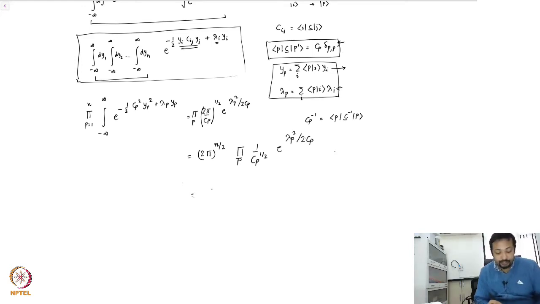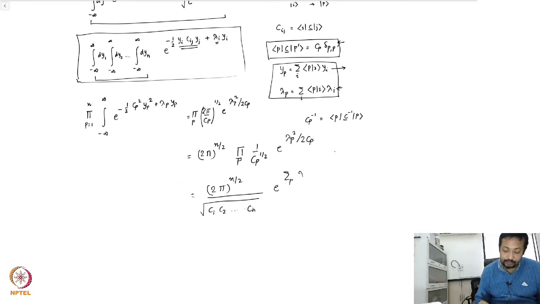This you can further simplify as 2 pi raised to the power n by 2 over square root of c1 c2 up to cn, e to the power sum over p of lambda p square over 2 cp.